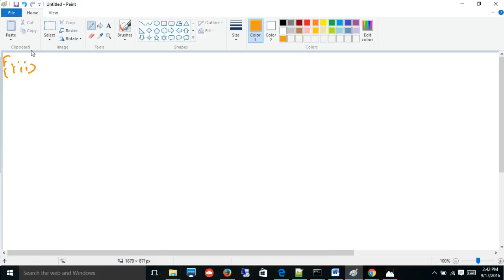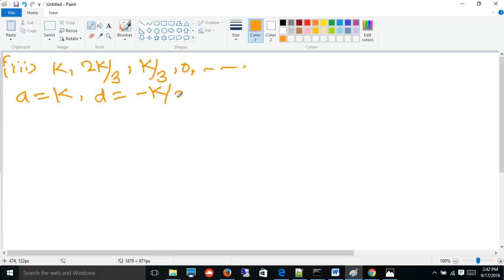We know the series k, 2k by 3, k by 3, 0 and so on. We know the values of A and D, which we already calculated in the previous question. And we know T20. It is given as 15. Now we have to calculate the value of k.